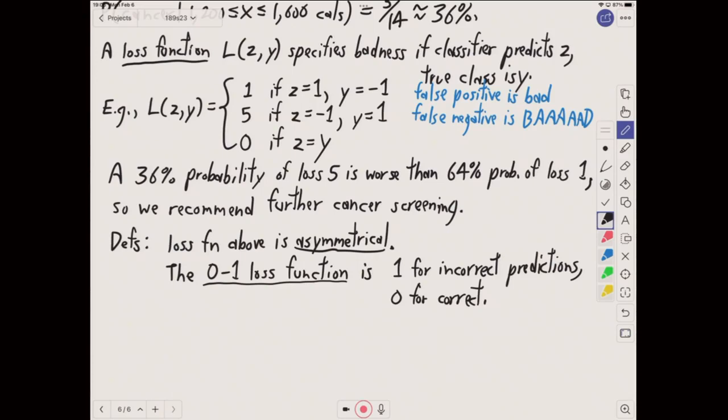Yeah. I wonder, if this loss function is asymmetric, does it always mean it encourages the classifier to always predict the patient has cancer? Well, yeah, that is definitely a real problem that you have to worry about.